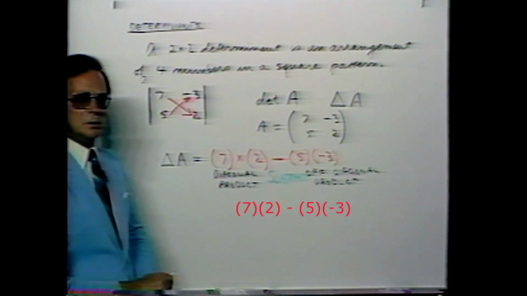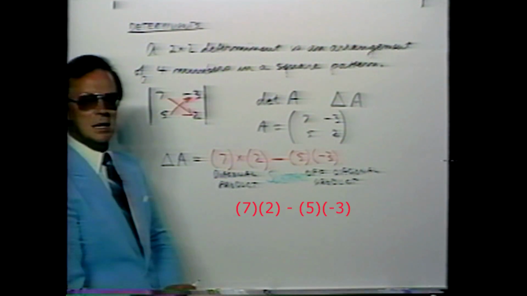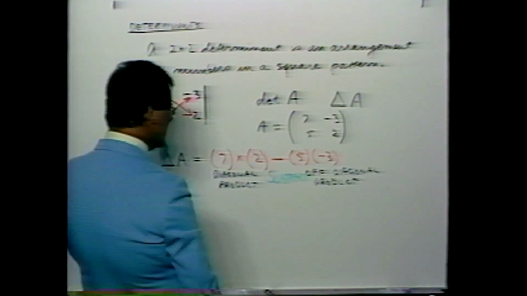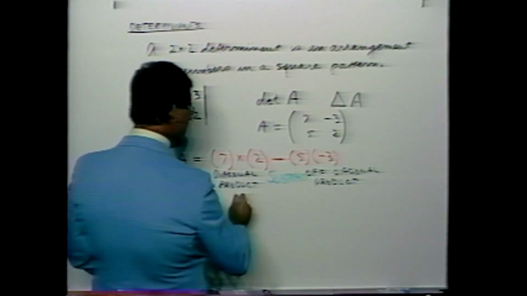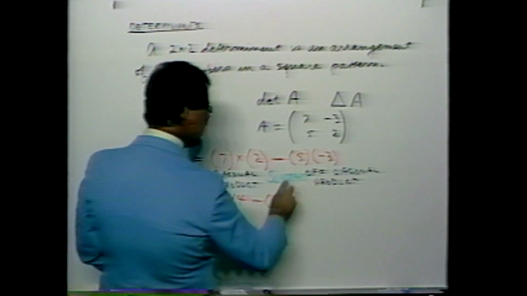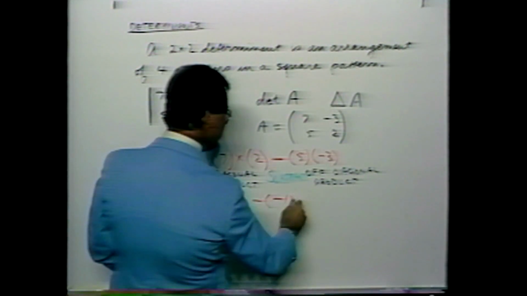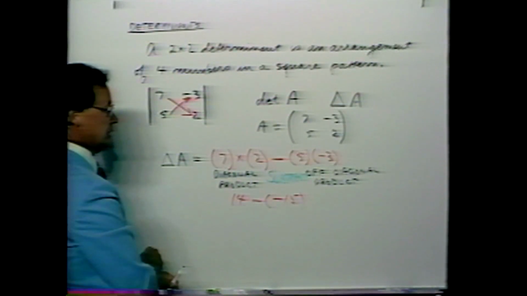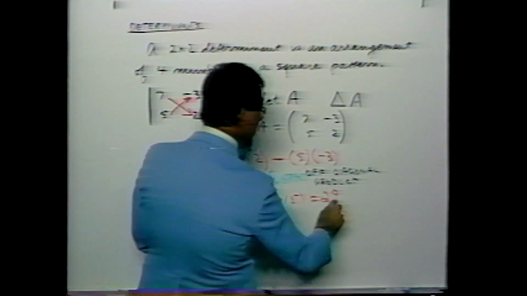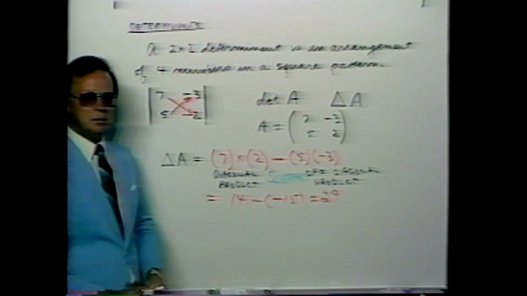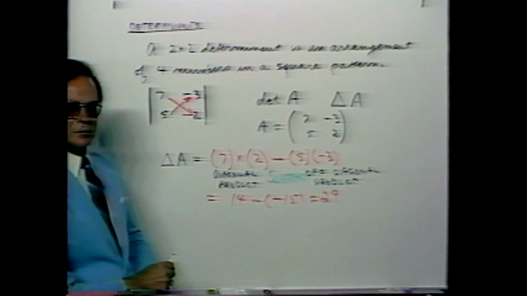That produces a number. So a determinant is a number. And in this case, the answer is 7 times 2 is 14 minus the -15, 5 times -3, for a total of 29. Let us generalize this by using symbols instead of numbers.